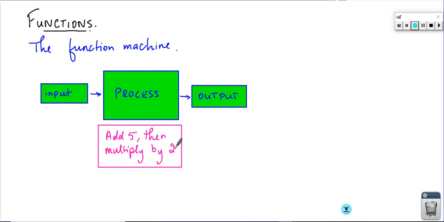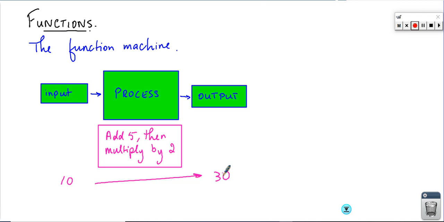So let's say that I input 10. If I input 10, what is going to be my output? So I'm going 10 add 5 becomes 15, then multiply by 2. 15 times 2 is 30. So my output is 30.